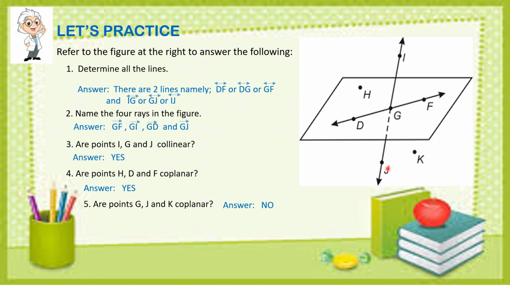The answer is no, since J and K are here, not on this plane. Are points D, F, and H collinear? D, F, and H. The answer is no, because H is here, not in this line.